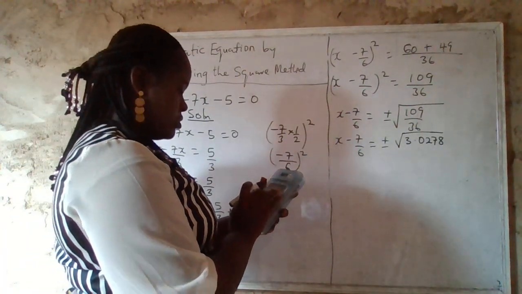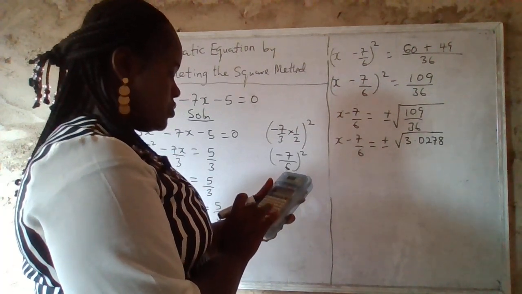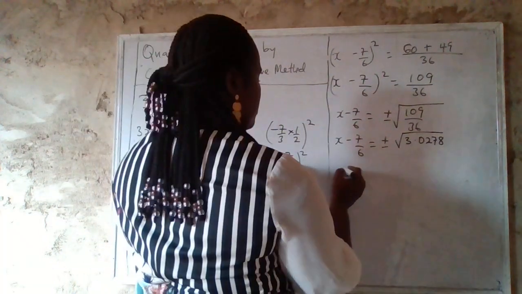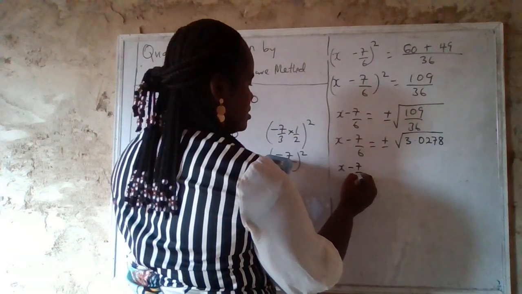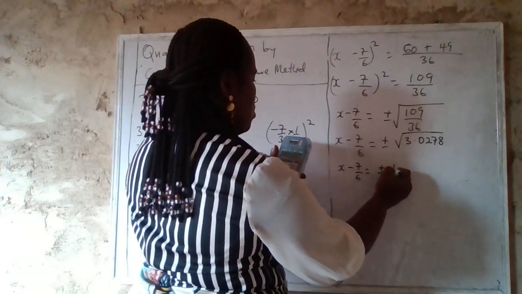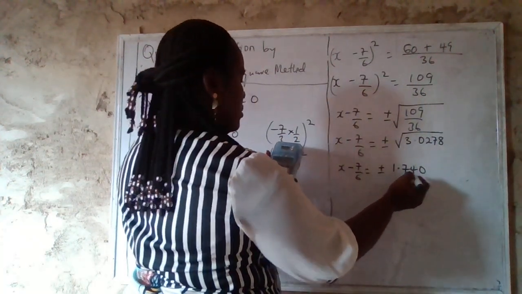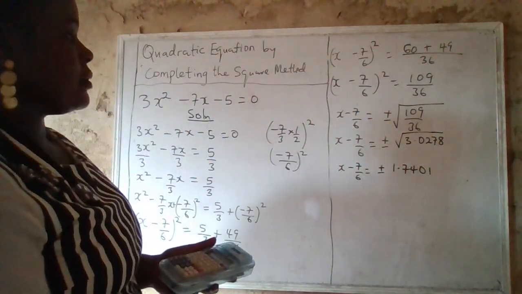The square root of 3.0278 is going to be, x minus 7 over 6 is equal to plus or minus, what's the value? 1.7401. Okay, now this is okay.